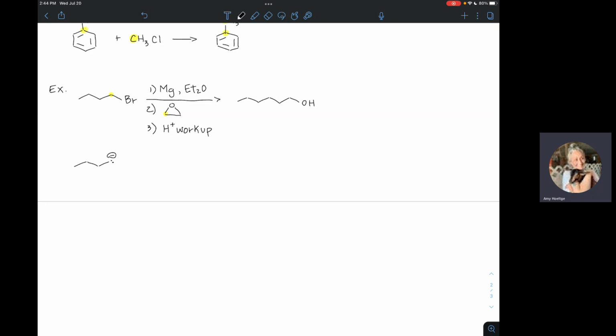But it's going to behave like this, and then it's going to attack the epoxide. So this is going to come in and attack that carbon. We're going to dump electron density onto the oxygen. And this is the step where you protonate.